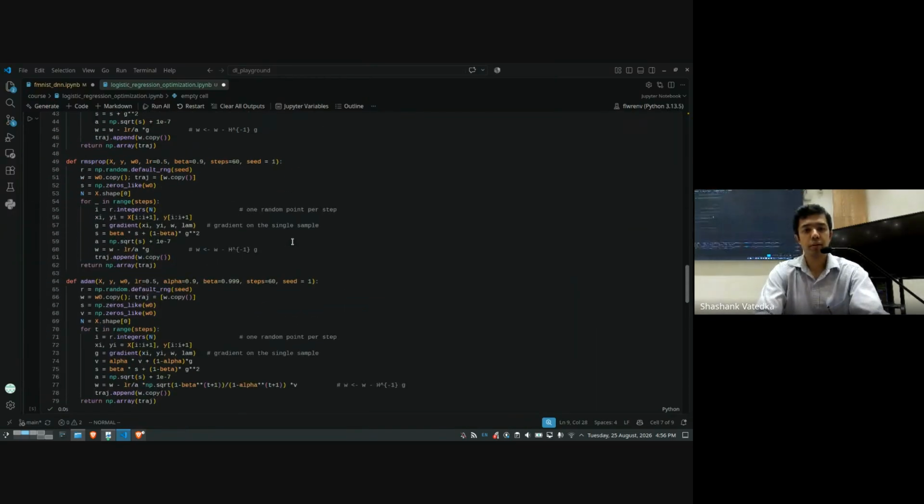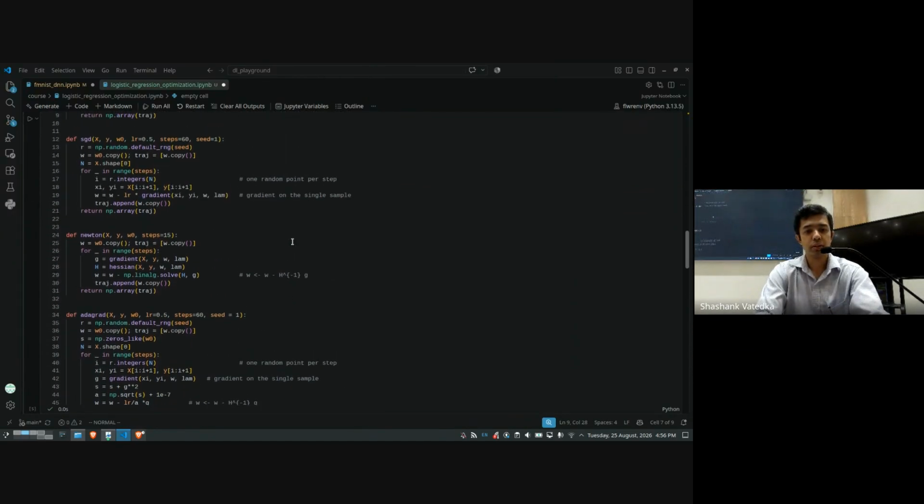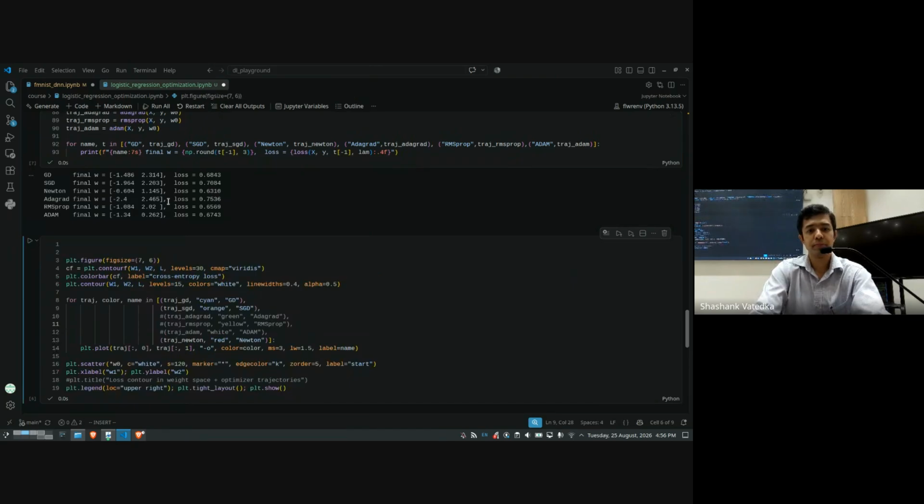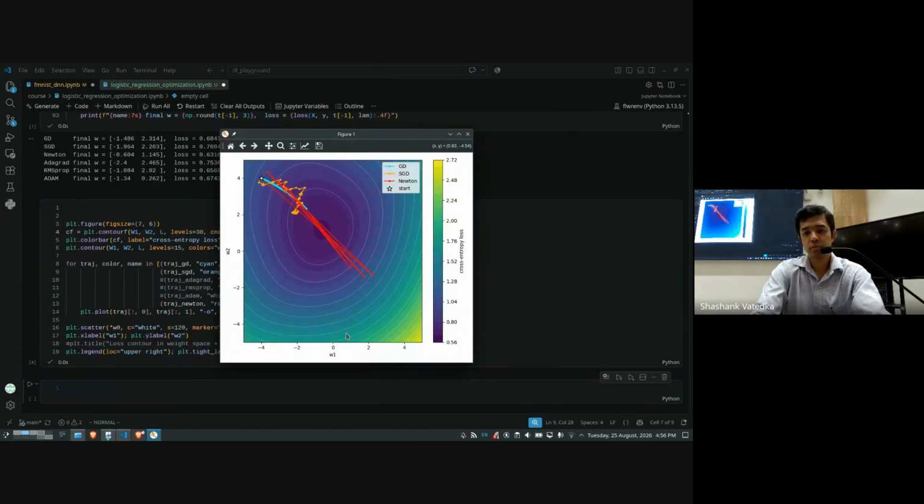In fact, I can try to increase the number of steps to, let's say, 25. I get a loss of 0.63, which isn't too far from the actual minimum itself.